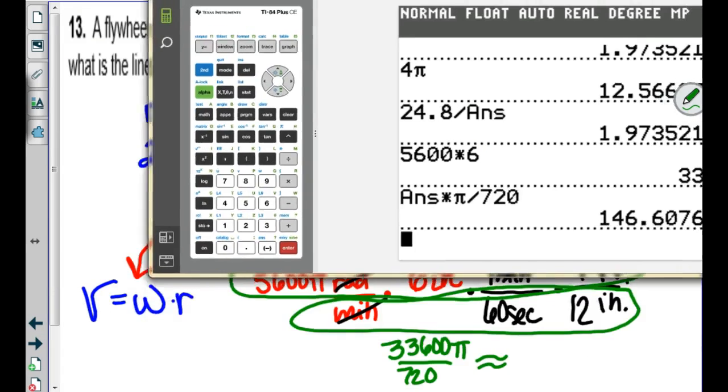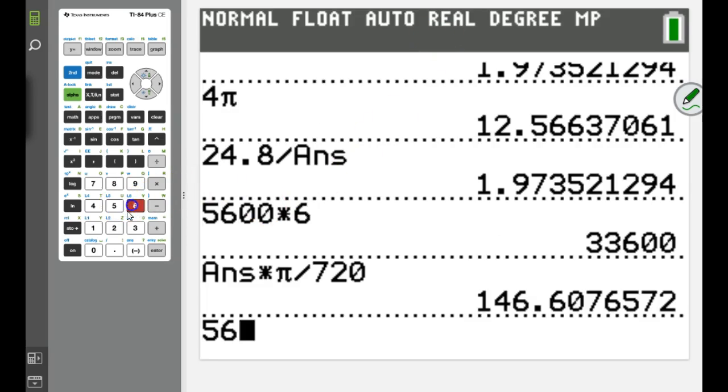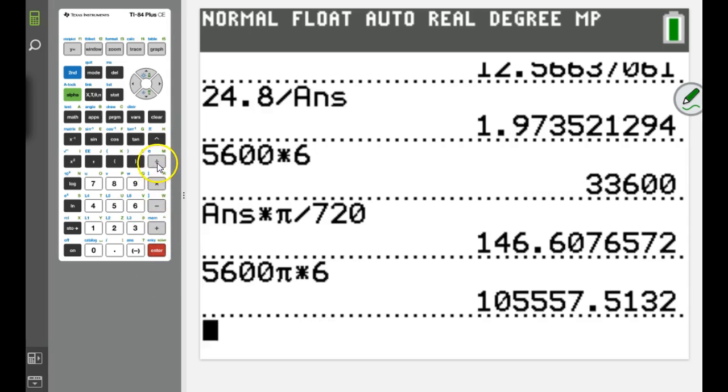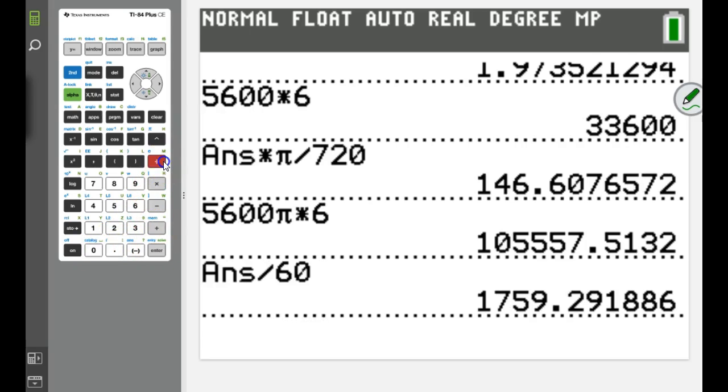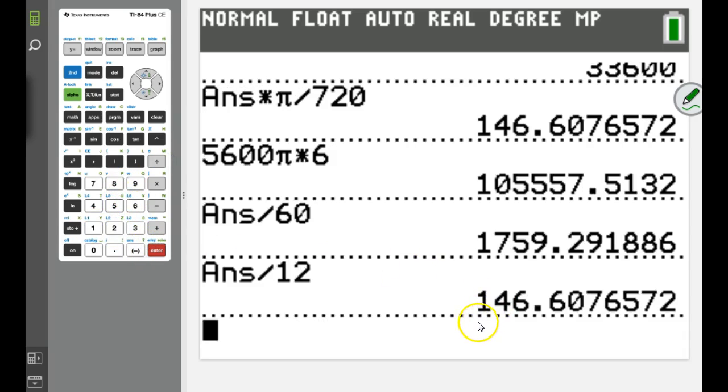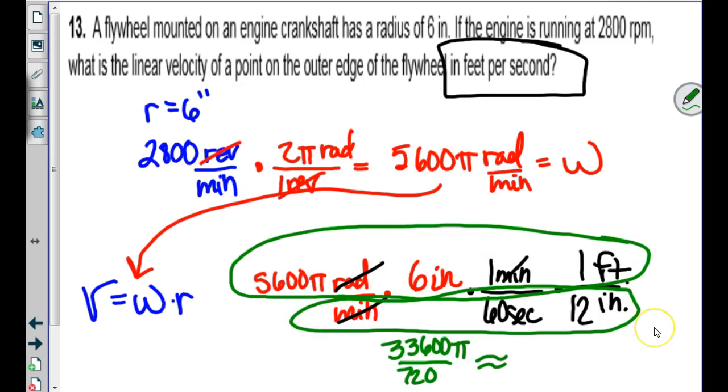I could have done 5,600 pi times 6 inches, gotten that answer, and then said I need to divide by 60 to change it to seconds, and then I need to divide by 12 to change it to feet, and I still get the same answer, okay? 146 point what, guys? And it was feet per second.